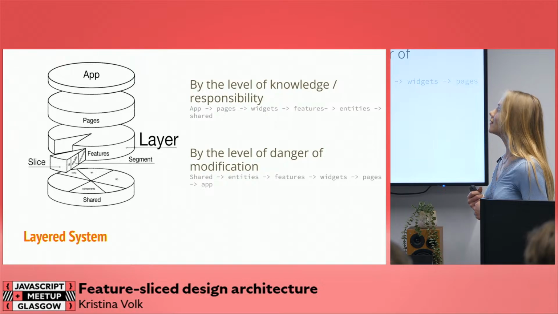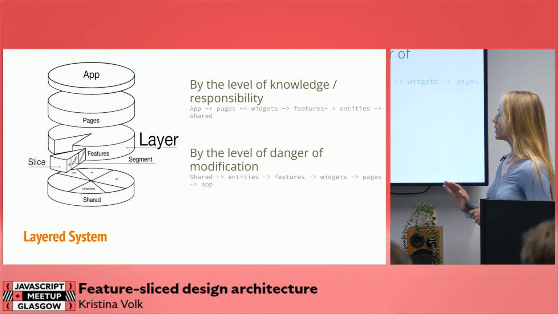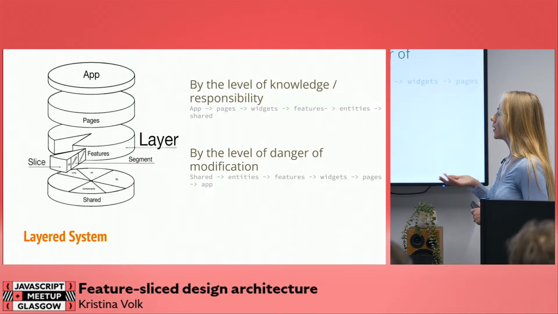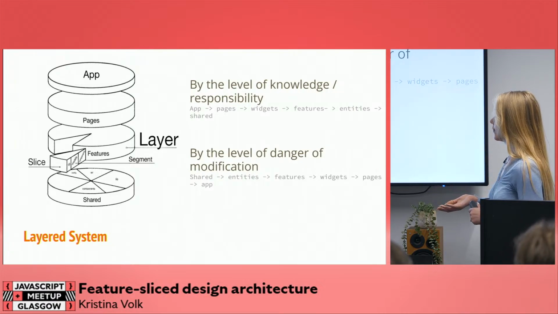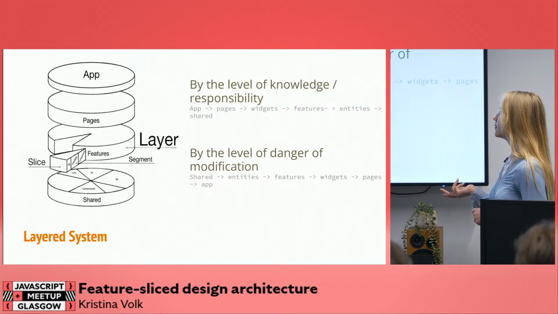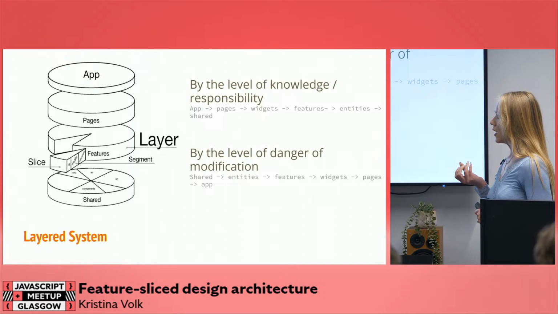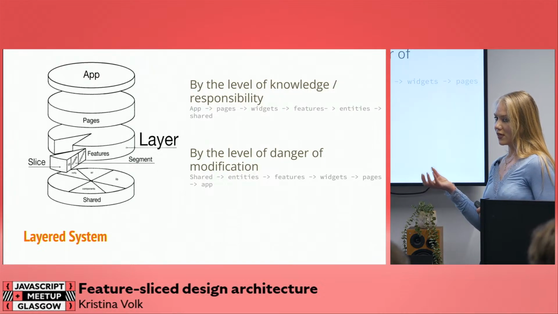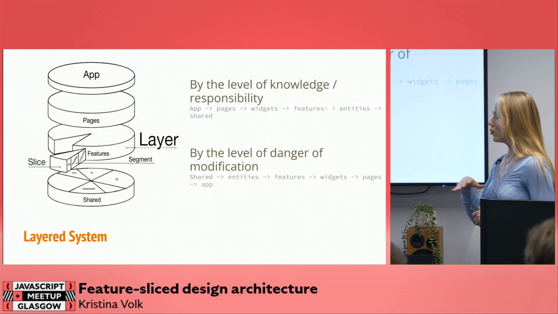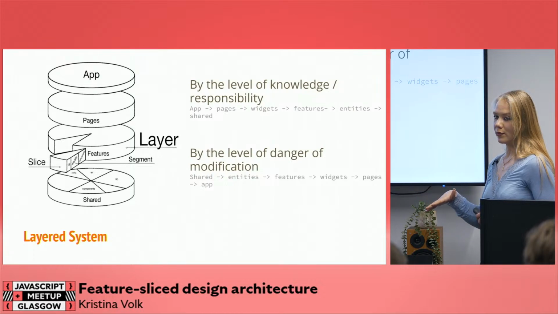So we can also imagine that this is our cake, and we slice it with the knife of complexity or responsibility. And the second thing is, again, it is divided by level of danger of modification, because when I want to refactor something, I understand the module and its location, so I can straight away see what modules will be affected.